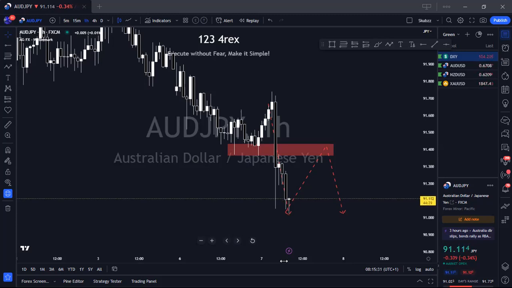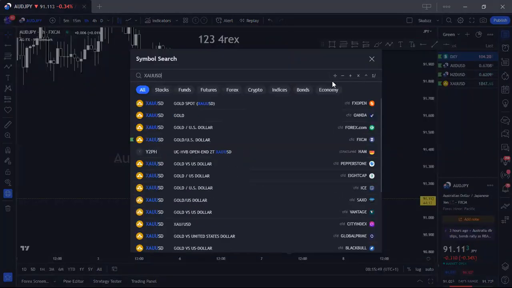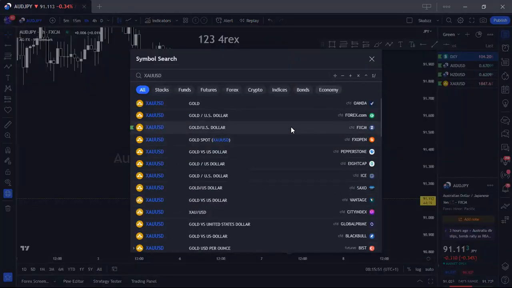Anyways, is there another pair you guys want us to take a look at? On my TradingView, it's a free trial, so I don't see gold on it. Look at gold here now, XAUD.